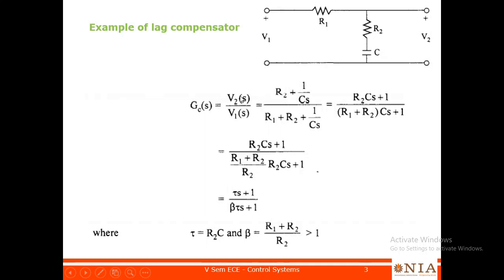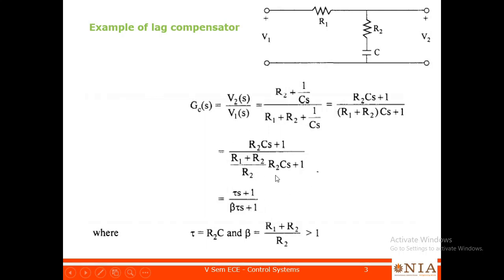Okay, so the transfer function V2 of S by V1 of S is given by this expression. If you want to solve, you can just apply Kirchhoff's voltage law and mesh analysis to get the transfer function. Okay, slightly rearrange such that it is of the form 1 plus tau s divided by 1 plus beta into tau s.